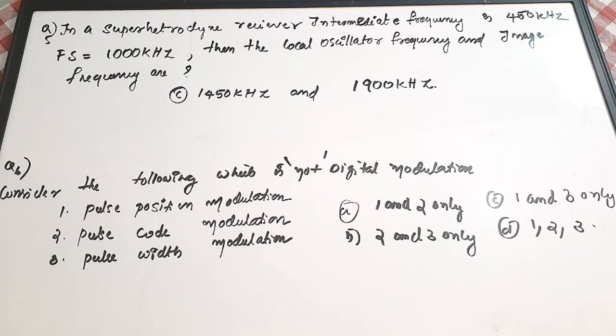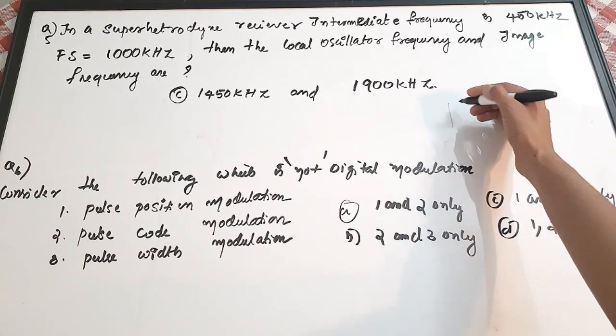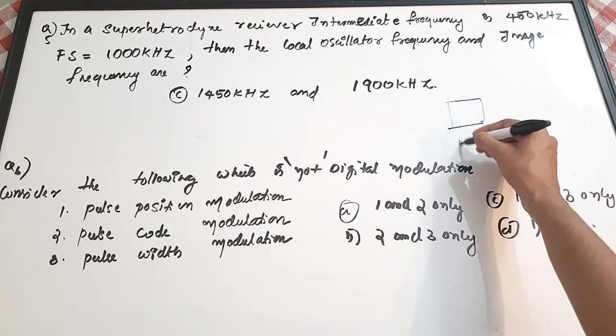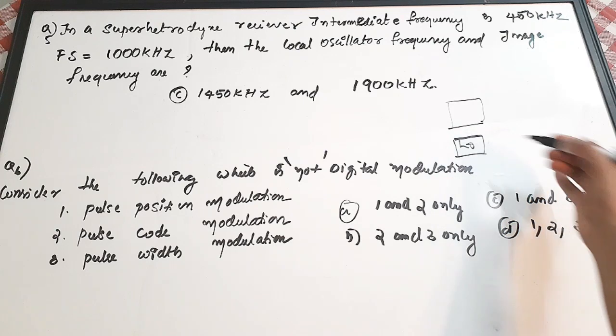Now, what is the concept of the intermediate frequency stage, or IF stage, in superheterodyne receivers? There is a local oscillator producing a frequency FLO. I have explained this concept in one of my videos.